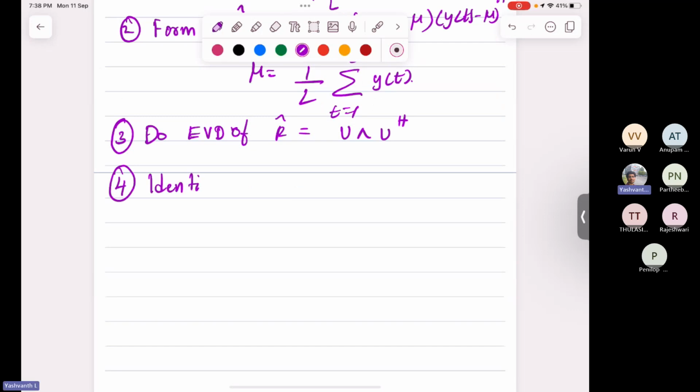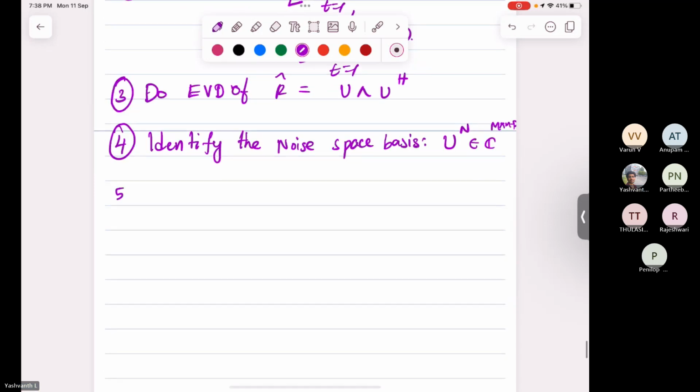Identify the noise space basis, namely Un. It belongs to C to the m cross m minus p. Now run the following.